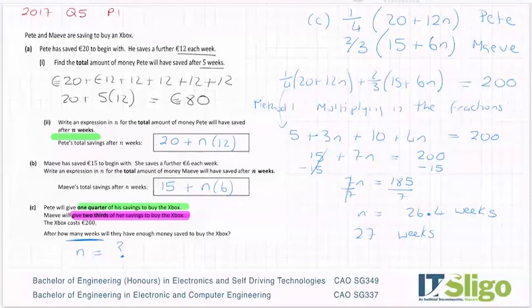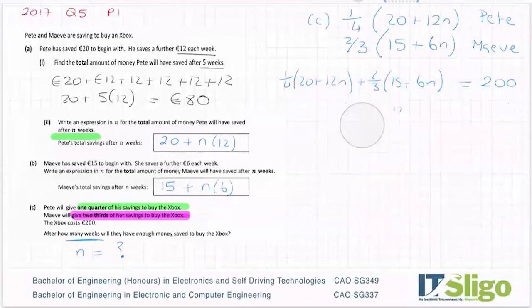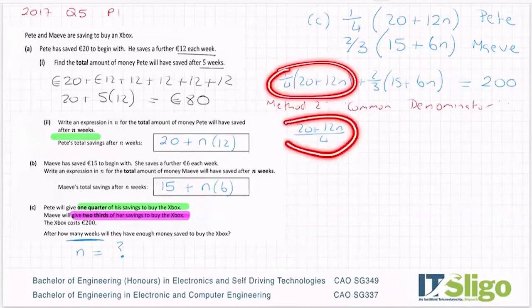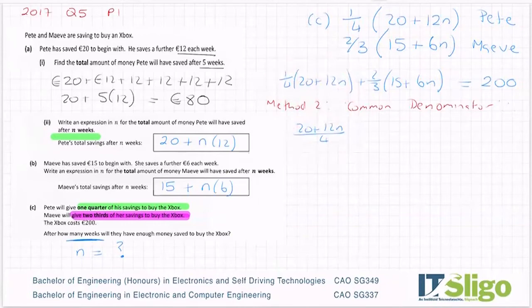The other way is common denominators. So I want to show you how to do that. So method 2. Get a common denominator and do it with fractions. So we would have 20 plus 12n over 4. That is actually the same as that. It's just two different ways of writing it. And 2 times 15 plus 6n over 3 equals 200.